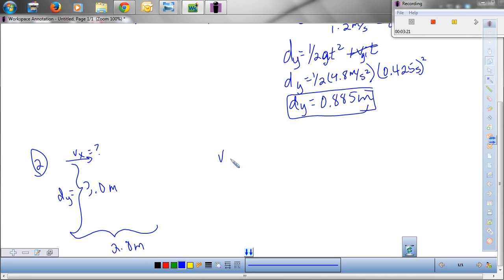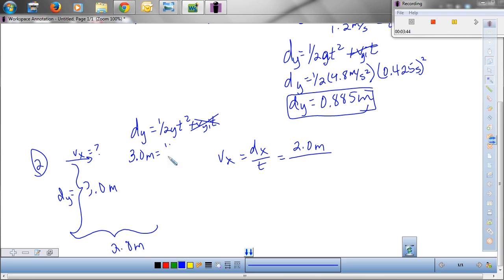Well, we know that Vx is equal to dx over t. We know our dx is 2.0 meters. Now we've got to find our time. Well, you have an equation that says dy is equal to 1/2 gt squared plus Vit. He's going to throw it horizontally, so that's 0. So I have 3.0 meters is equal to 1/2 positive 9.8, because it's going to accelerate the apples down to the ground, t squared.